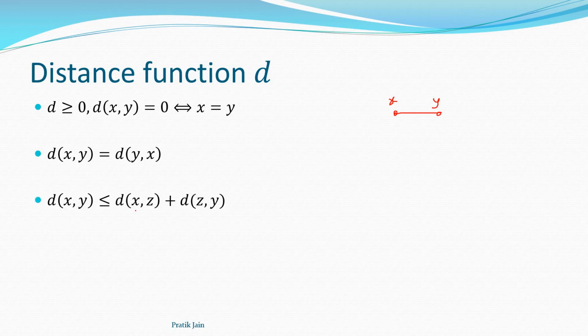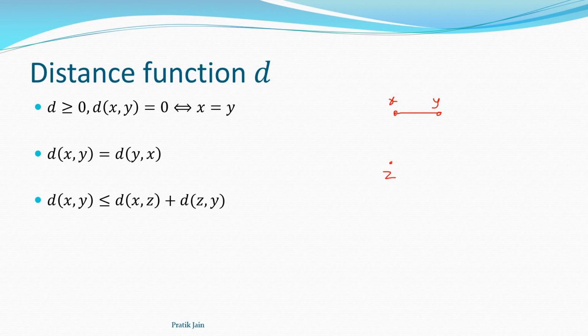The other property is also known as the triangle inequality. This is quite simple. So let's take this. There is this x to y, so this distance should always be smaller than or equal to the distance if there is some other z over here.